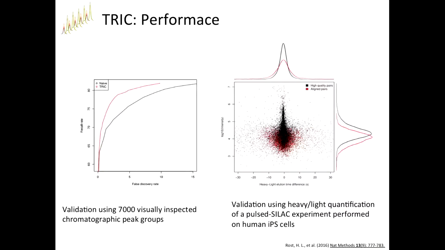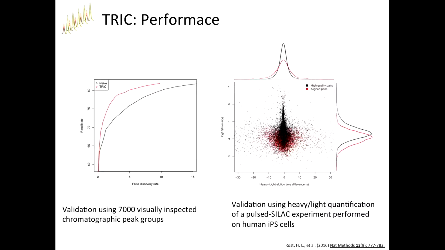But in general, if you look at the performance of this TRIC alignment, you can see here on the right that, validating this based on 7,000 visually inspected chromatographic peak groups, TRIC results in a much better ROC curve characteristic than our standard workflow in black. This was validated on a heavy light quantification pulse-SILAC experiment.